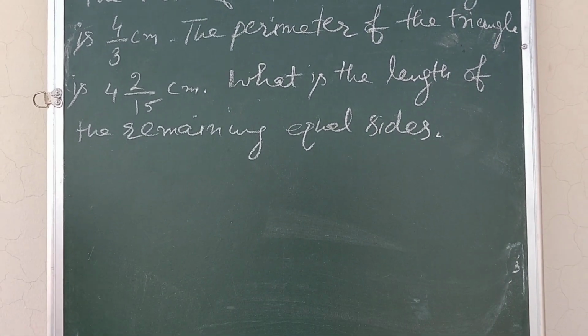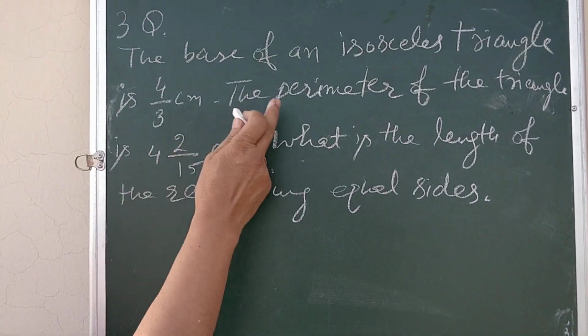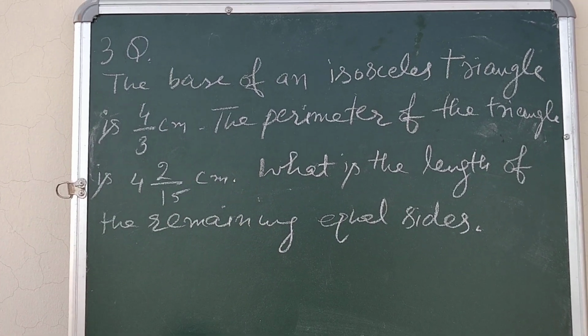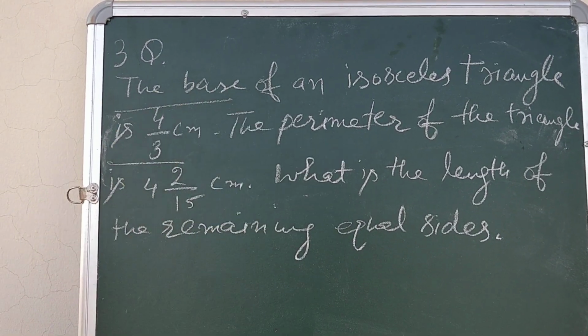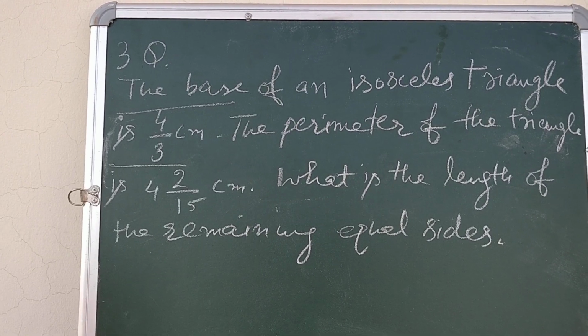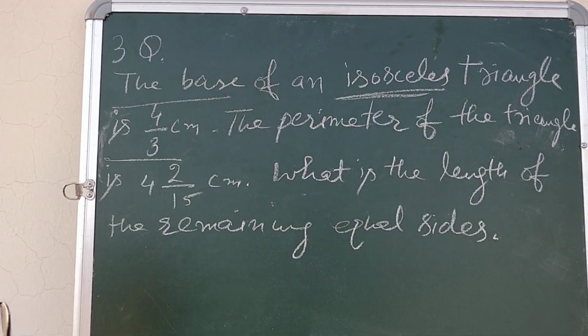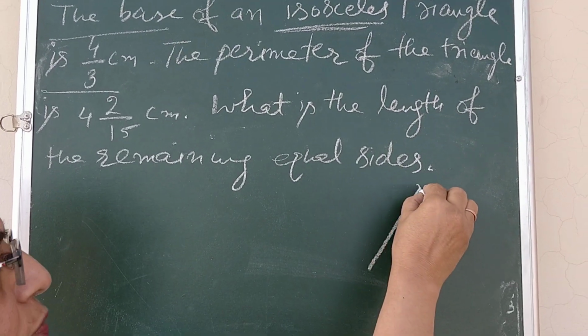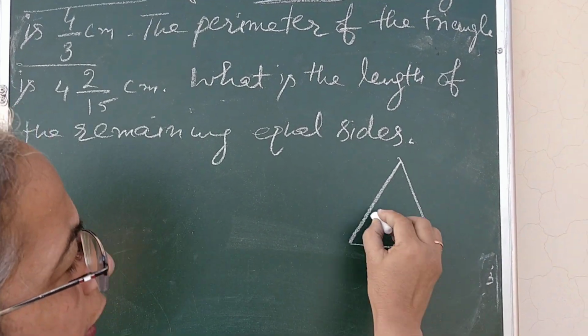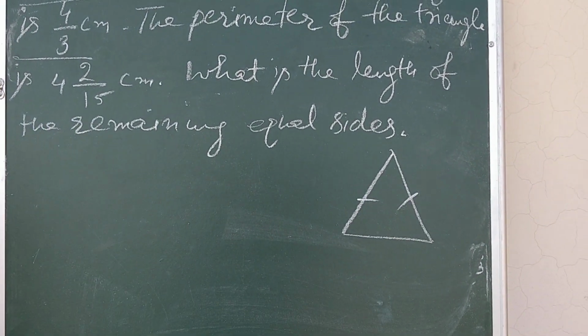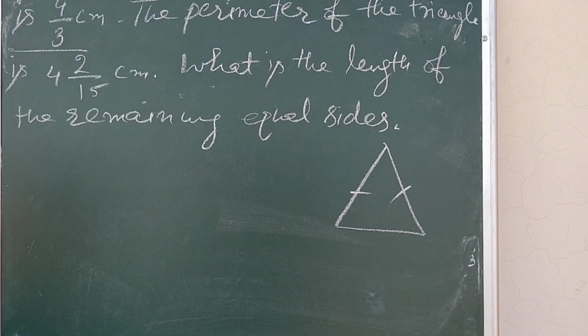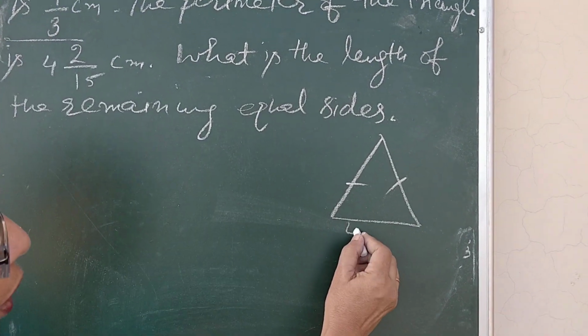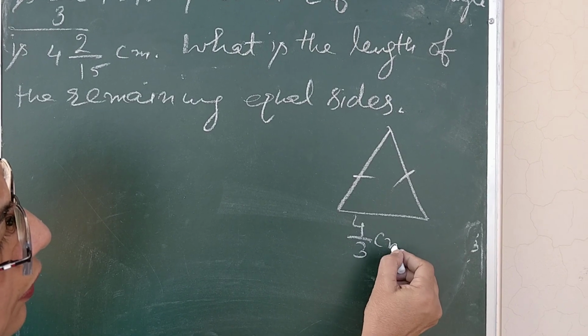Now see what is the question. The base of an isosceles triangle is 4/3 centimeter. First of all, what is an isosceles triangle? First draw a small triangle in which two sides are equal. Isosceles triangle means two sides are equal, and the base is given 4/3 centimeter.